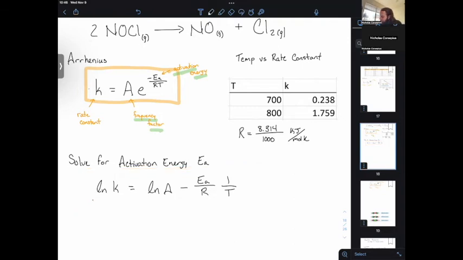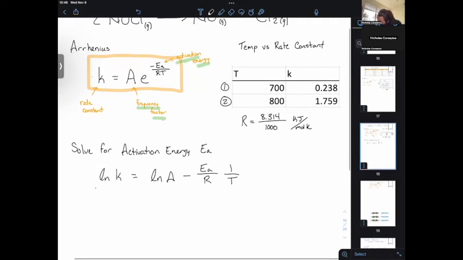Okay, and so for the purposes of analyzing this data here to get this activation energy, what we're going to do is take the difference of these two data points here. I'm going to take the natural log of that second data point minus the natural log of that first data point, the K's for those data points.